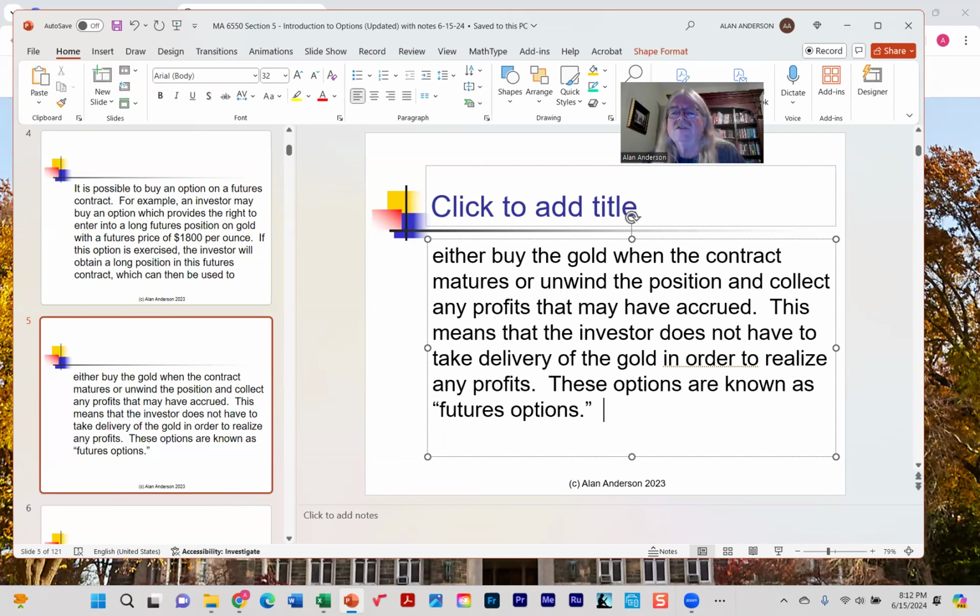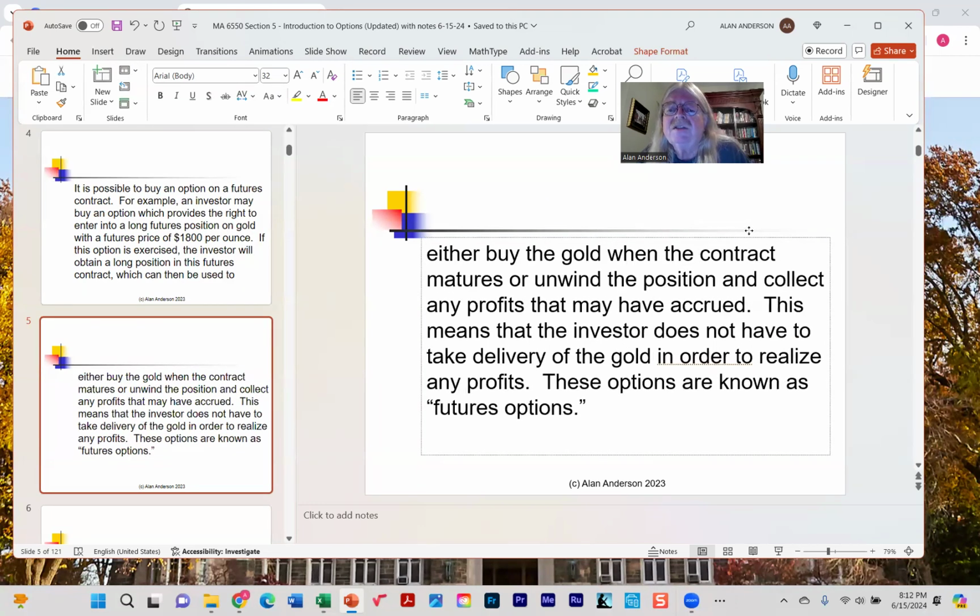There's all kinds of products trading in this market. It's quite exciting and interesting. The things that people have come up with over the years, the clever ideas, the ways that people use options, is quite interesting. But anyway, futures options are very popular.